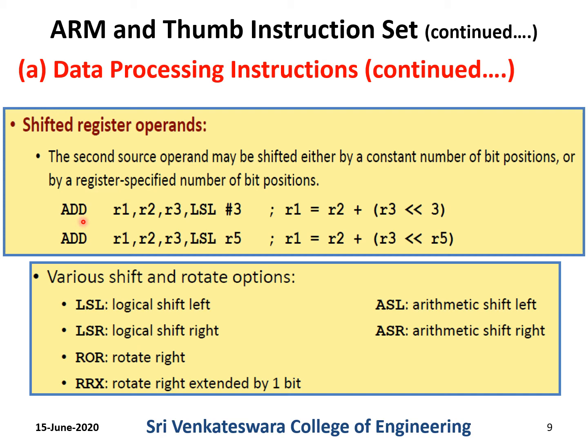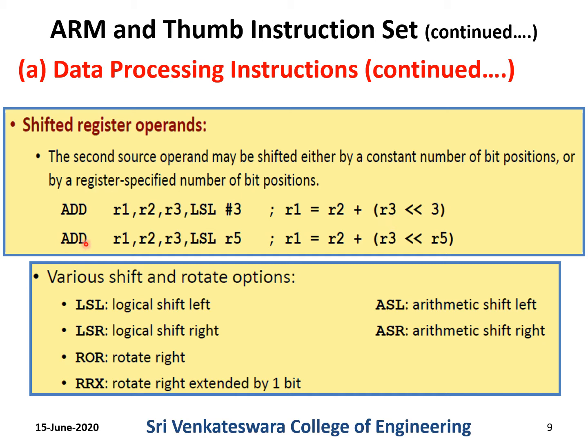In the first example, ADD R1, R2, R3, LSL #3 indicates that the third operand, that is the second source operand, is shifted left by 3 bit positions, and then the resultant operand is added with R2, and finally the result is stored in R1.